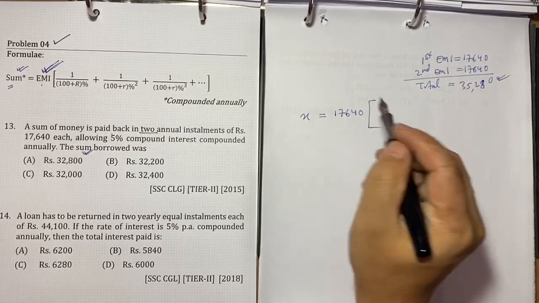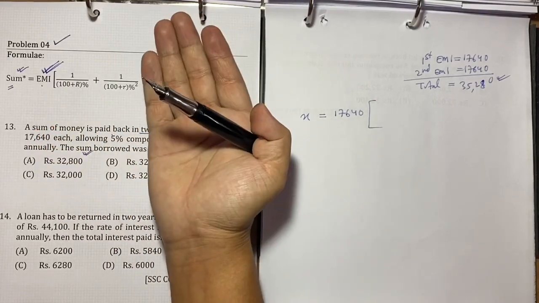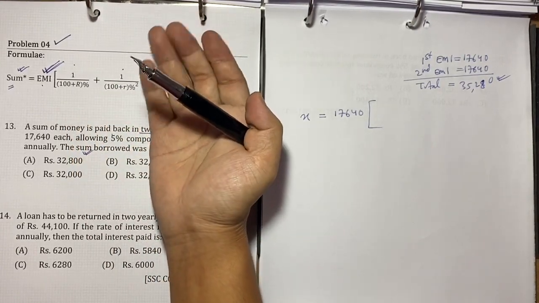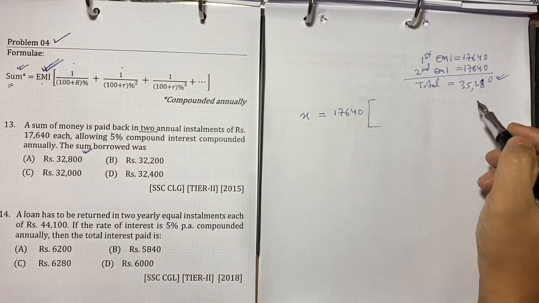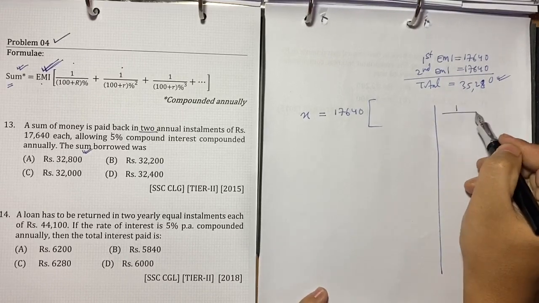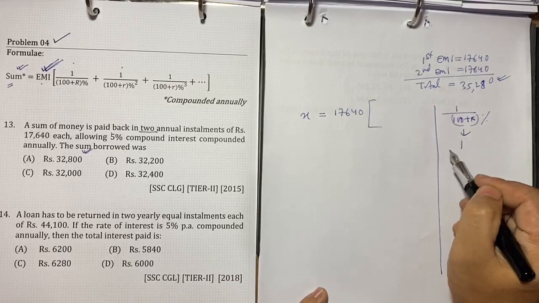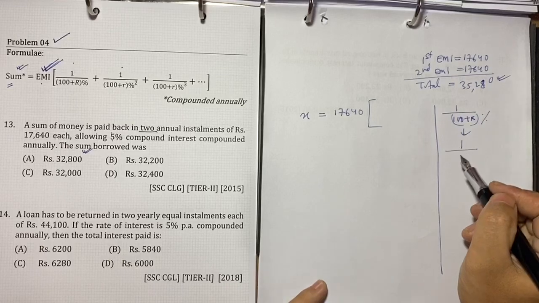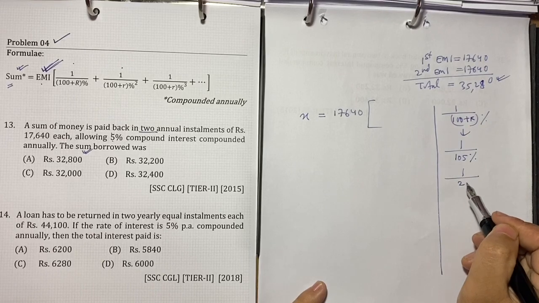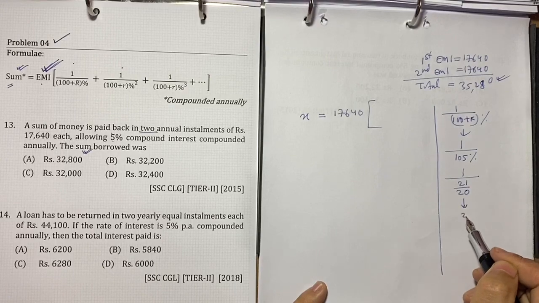So it will be 1 divided by 100 plus r%, for 2 equal installments, the first installment and the second installment. Here r is the rate, which is 5%, so 105% is 21 divided by 20, and its reciprocal is 20 divided by 21.